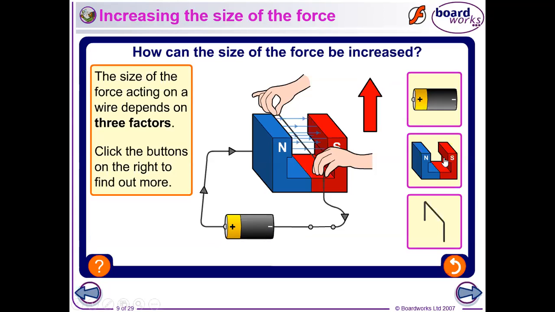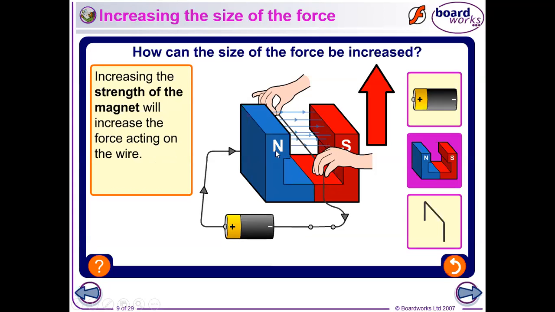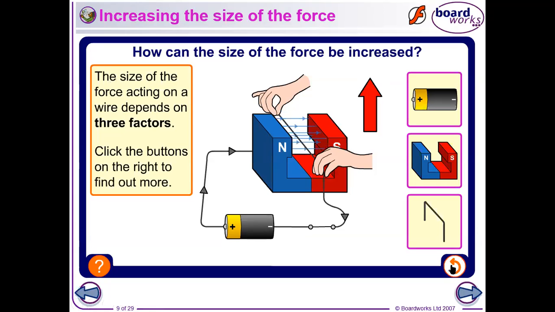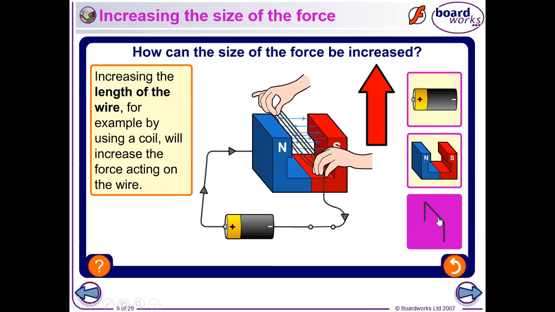If we change the strength of the magnetic field, once again, we will have a bigger force. If we change the length of wire that's in there, the number of coils, again, you will change the amount of force acting on the wire.